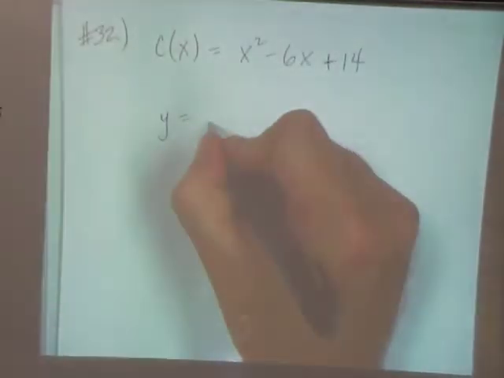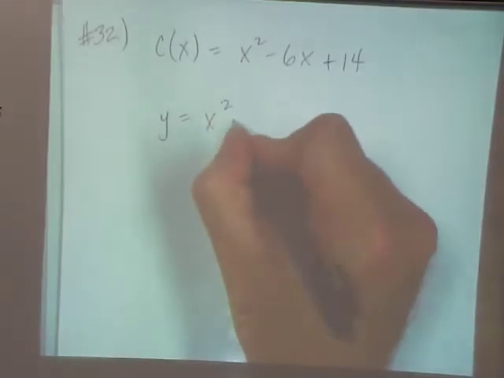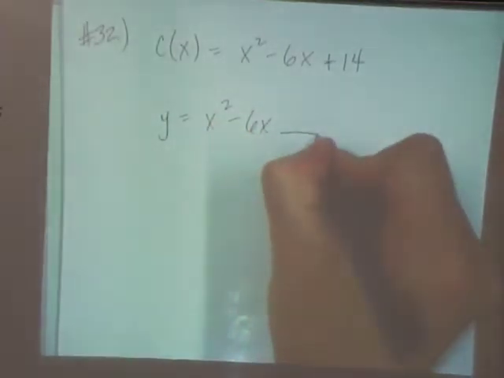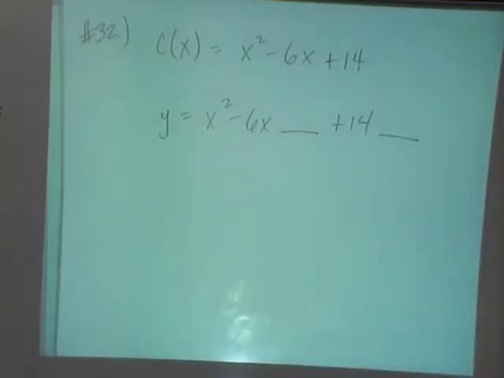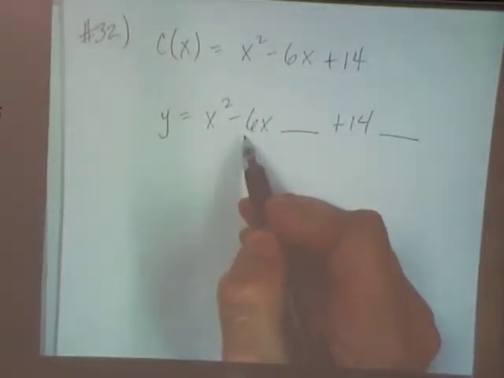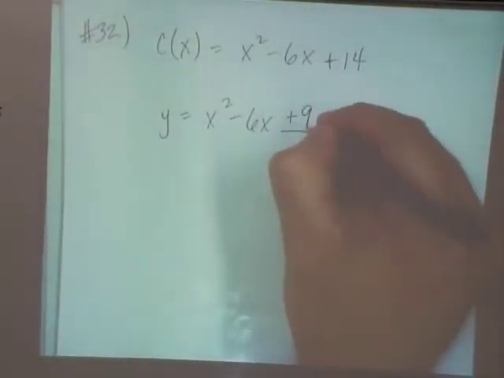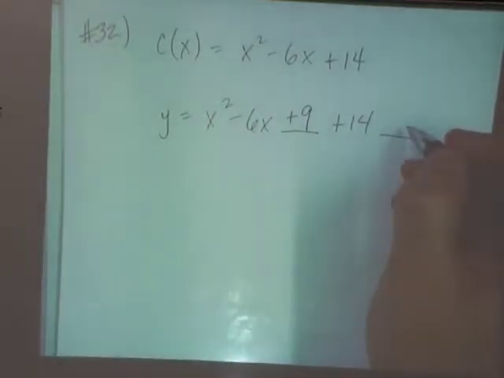So y is equal to x squared minus 6x, leave a space, plus 14, leave a space. What goes in the first space? You take half of b and square it. Half of this is negative 3, squared is 9, so plus 9. What goes over here?